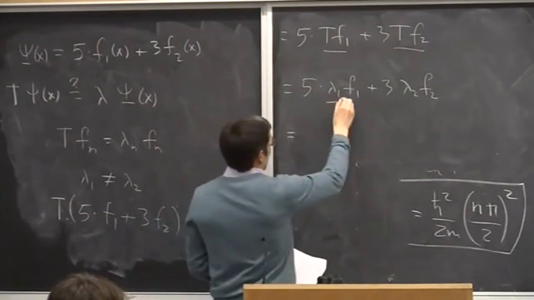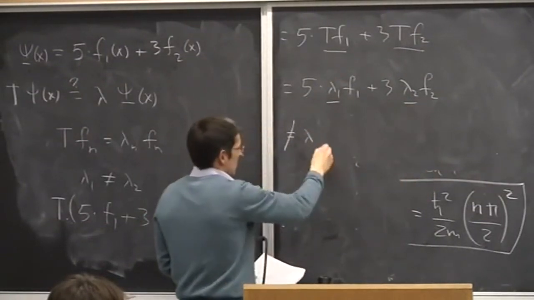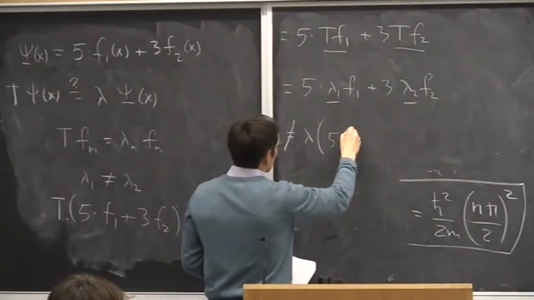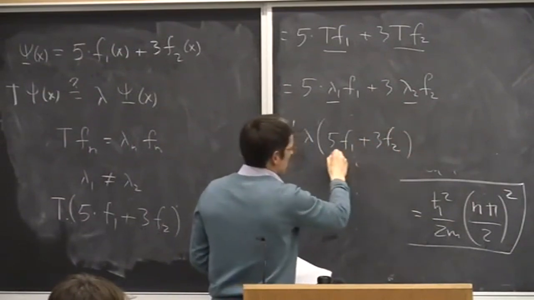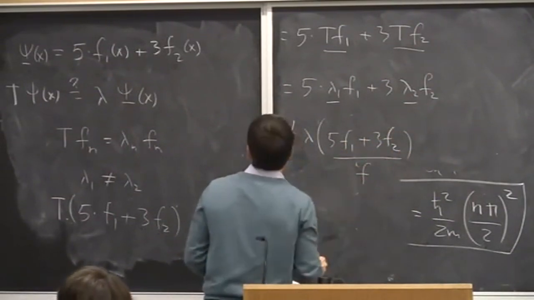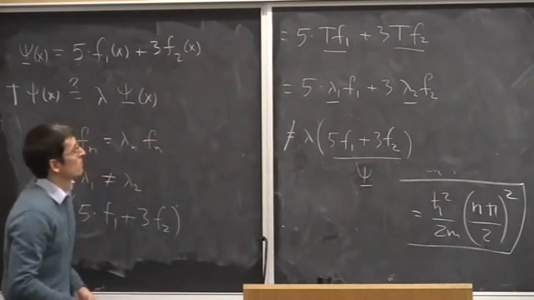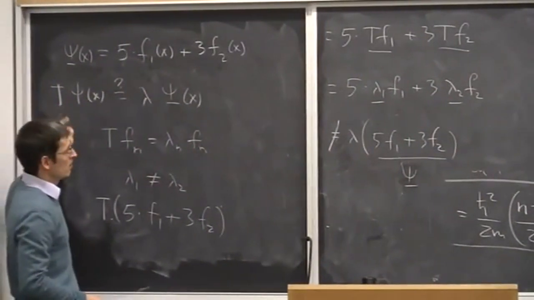And since lambda 1 and lambda 2 are different, this cannot be written as some lambda multiplied by 5 f1 plus 3 f2, which is our original function, psi. So we started with this psi and acted with t.